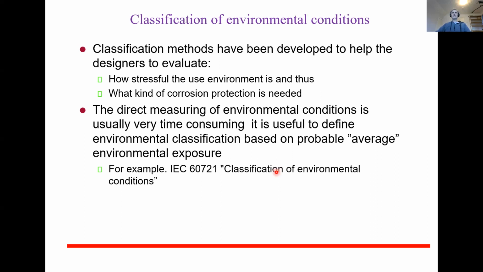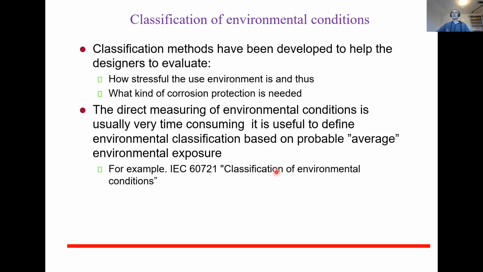So again, this is a design aid, which, if you use it properly, should give you the answer to two questions. First, how stressful the use environment is. And therefore, based on that, you can decide what kind of corrosion or moisture protection is needed, if it's needed.